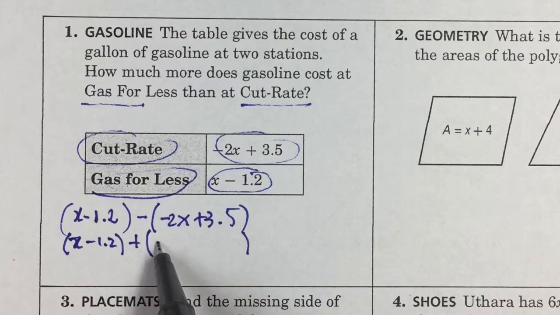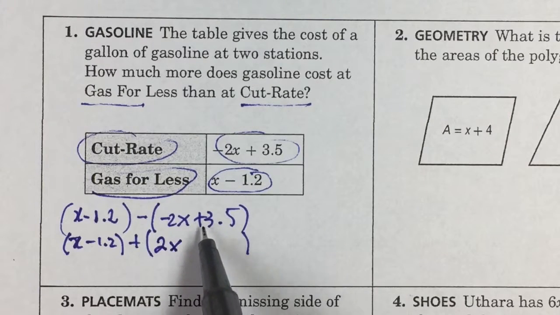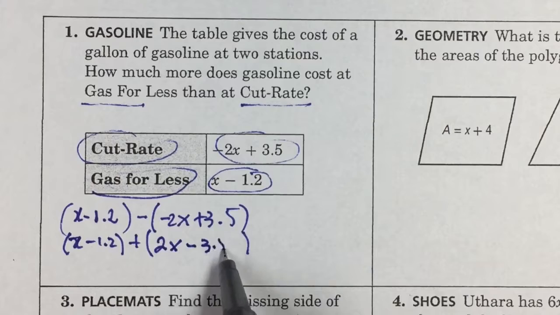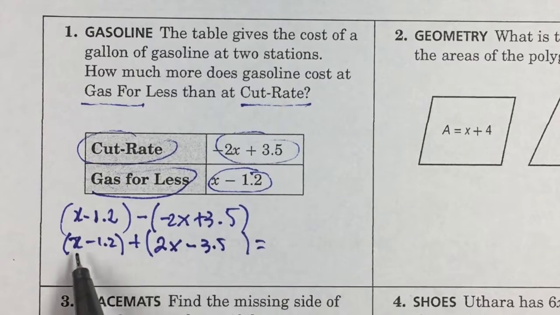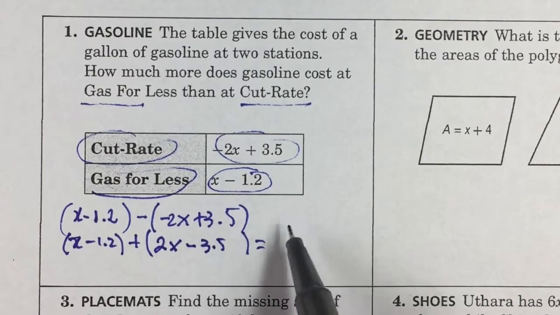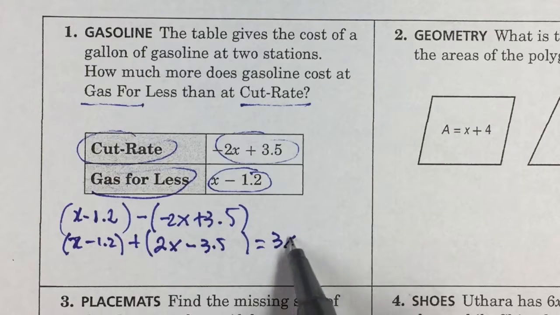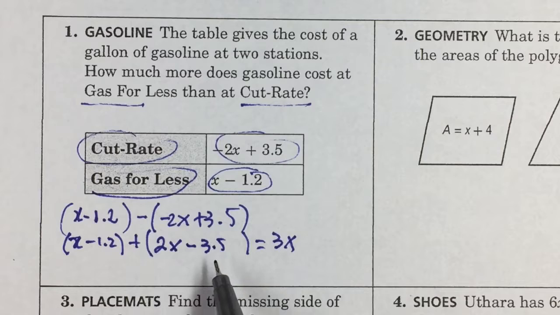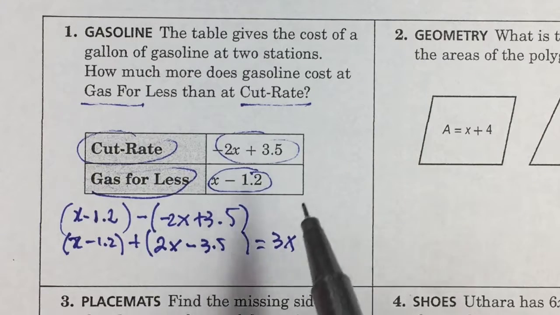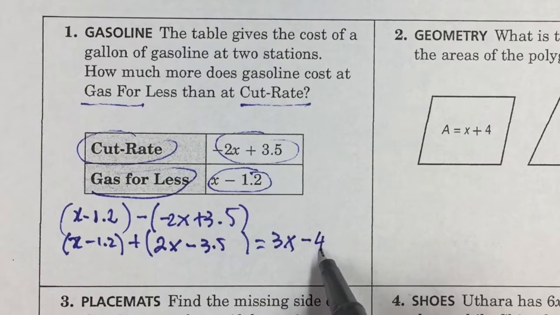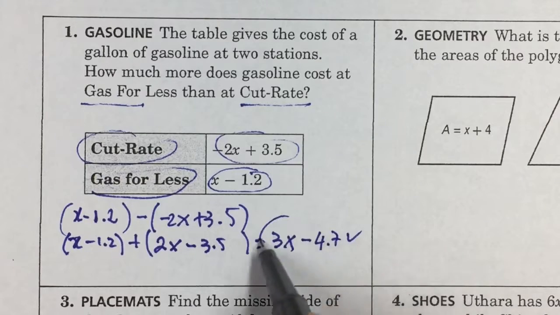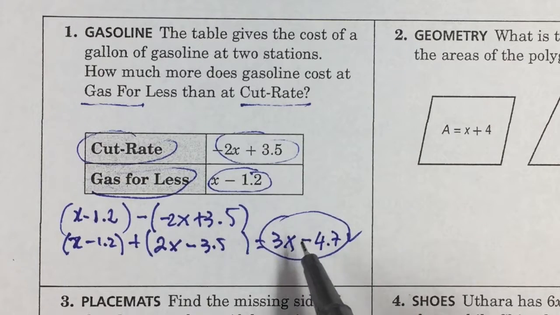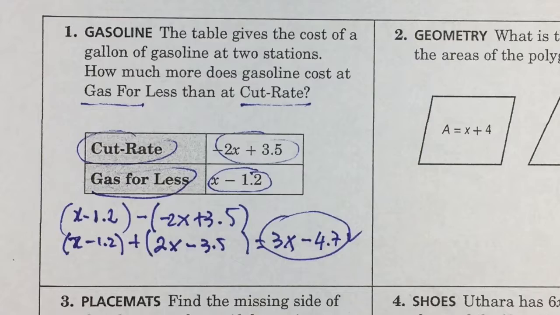Negative 2x changes to 2x, and 3.5 positive goes negative 3.5. Now I'm going to add x's with x's. x plus 2x is 3x, and negative 1.2 minus 3.5 is going to be negative 4.7.